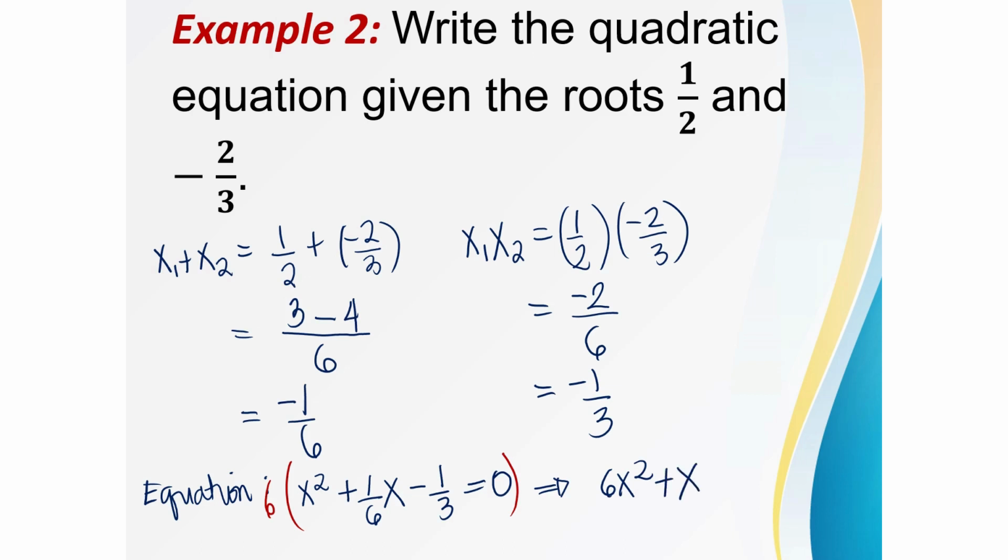And then, dito naman sa negative 1/3, pag minultiply na yung 6, 6 times negative 1 is negative 6, divided by 3 is negative 2. So, minus 2 is equal to 0. So, this is already the equation that we are looking for in here, in this given roots. 6x squared plus x minus 2 is equal to 0.